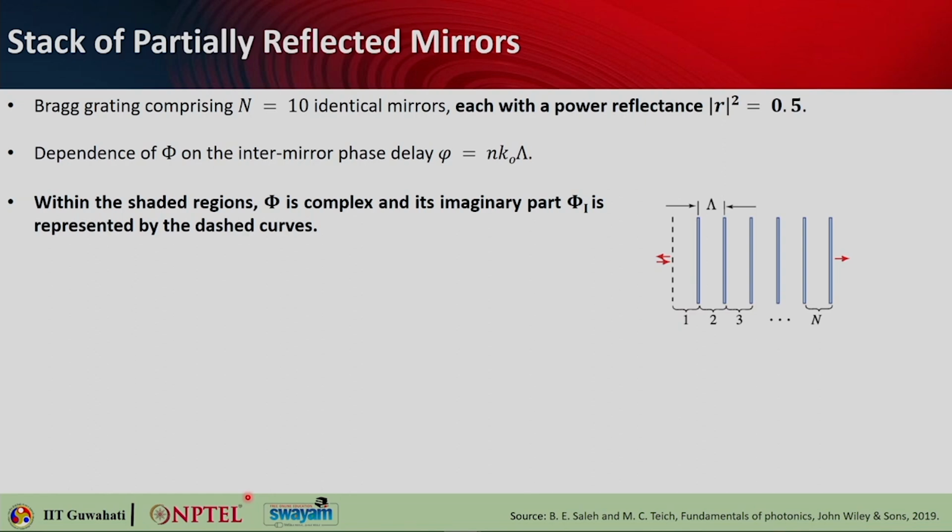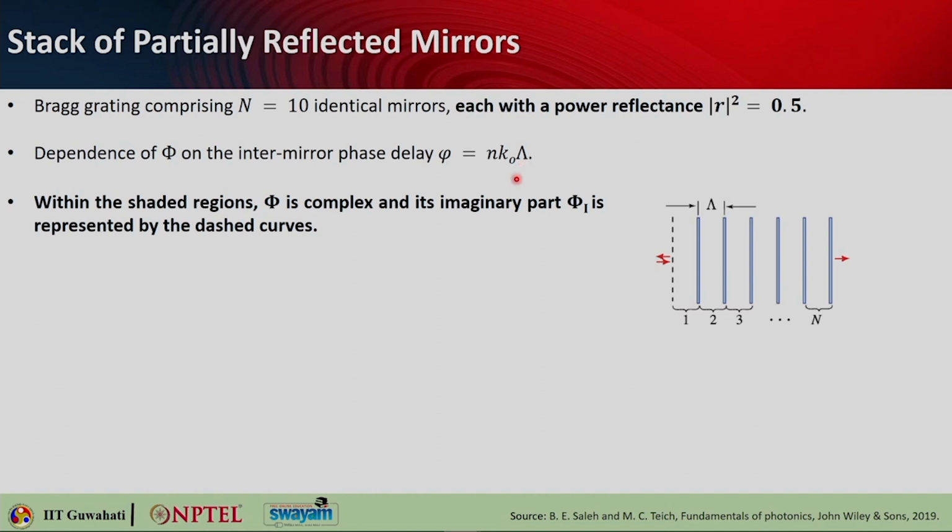Now take a specific example, that n equals 10, so you are considering only 10 identical mirrors, and we have also restricted the performance of the mirrors, with power reflectance modulus of small r square taken as 0.5. In that case, we will see how the performance of this mirror looks. Now the dependence of capital phi on the intermirror phase delay small phi is this one.